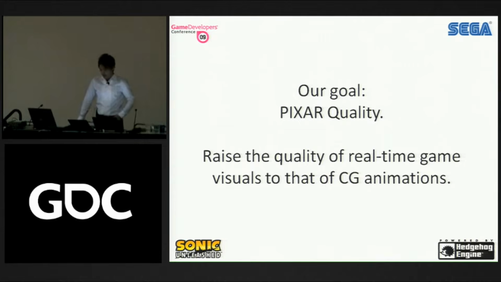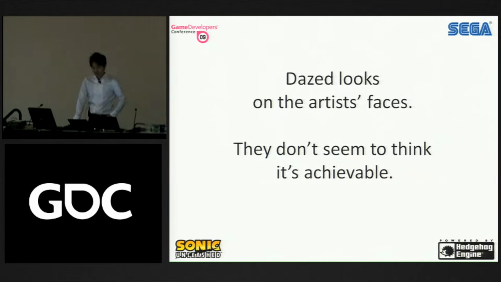In order to start this project, we had a goal. We wanted to have Pixar quality. We would like to improve our quality to animation quality, even though it's real-time graphics.